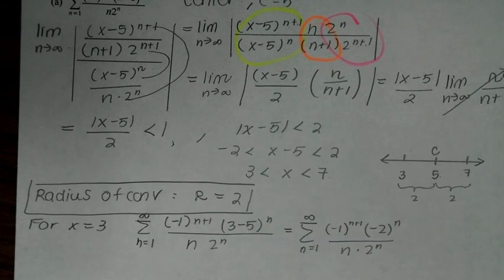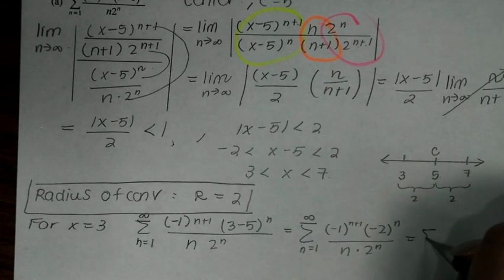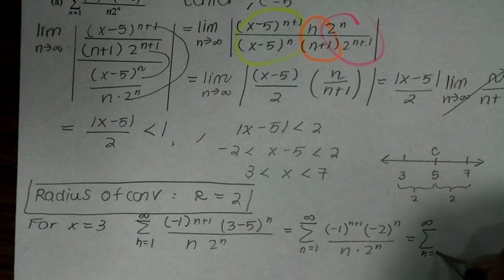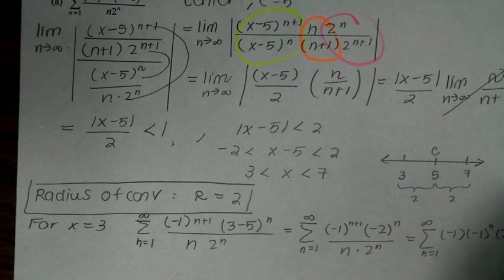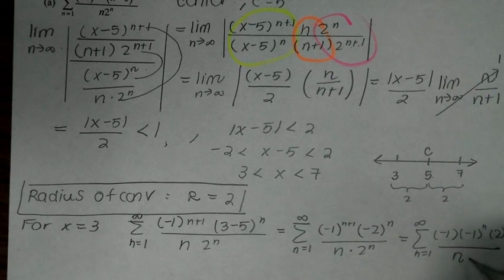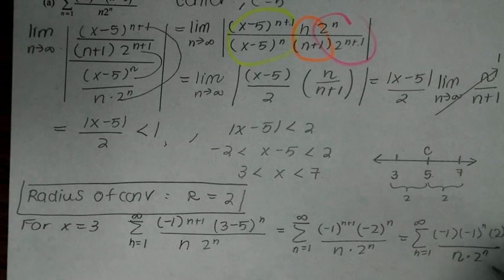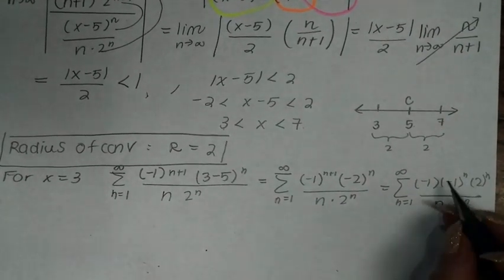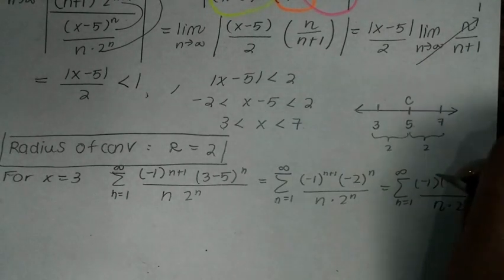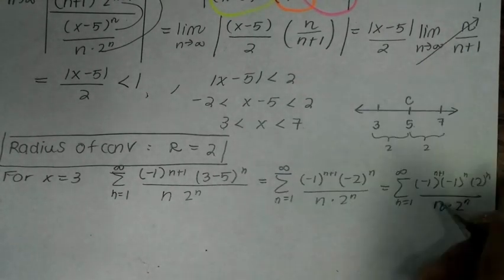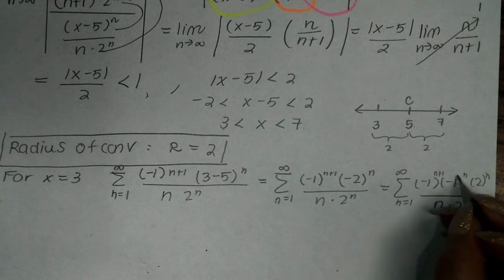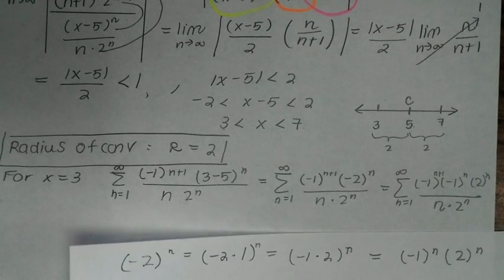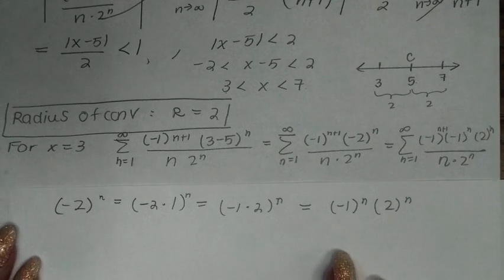So let's replace the situation for what I just showed you. Okay, so you have the situation, negative 1 to the power of n times 2 to the power of n divided by n times 2 to the power of n. Okay, so you have the situation. Now you're going to tell me what in the world I'm going to do, and I forgot to copy this, so what am I going to do with this? Okay, so let's go back to your algebra 2 info here.